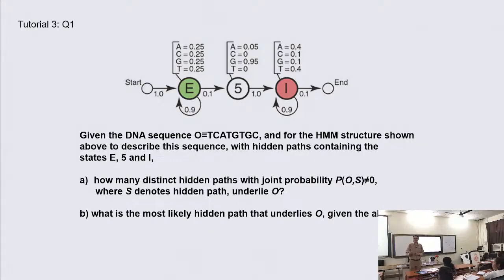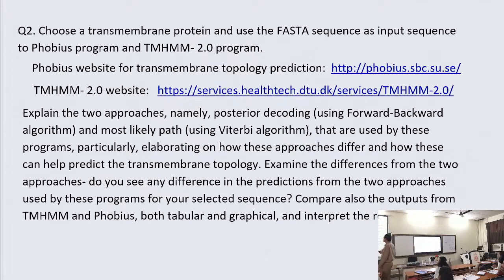Once you have determined the most likely hidden path, you know where the boundary is. For example, if the third hidden path is the most likely, then to the left of the boundary are exonic nucleotides, and to the right is a single intronic nucleotide. Then you know that this G is the boundary, the 5' splice site. So that is done, the first question.